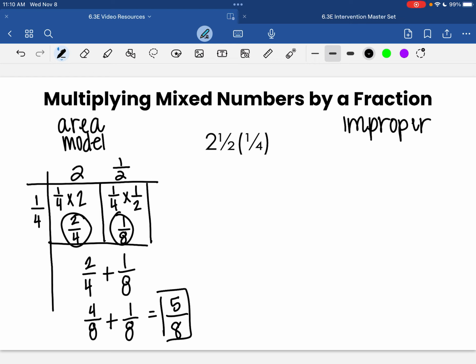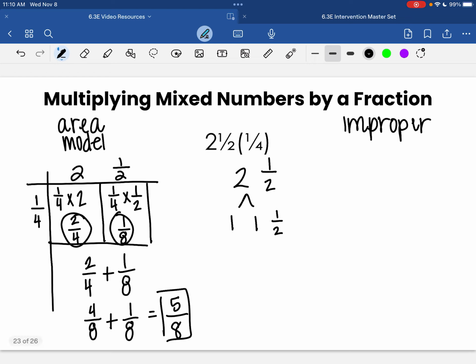Now, my second strategy that we can look at, which is using improper fractions, is look at 2.5, and I want to rewrite that just as an improper fraction. So 2 wholes decomposes into 1 and 1 with an extra half.